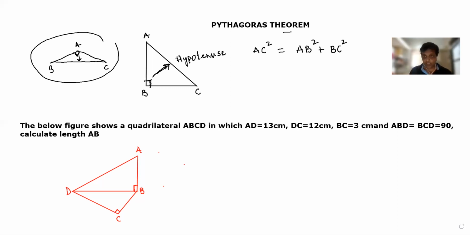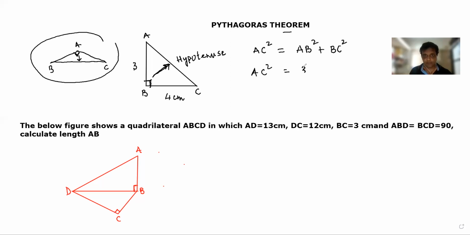So now, what is the practical side of it? If the two sides are given, for example, if AB is given as 3 centimeter and BC is given as 4 centimeter, we can easily calculate the other side, which is the hypotenuse. How are we going to do that? AC square. This is what we have to find.